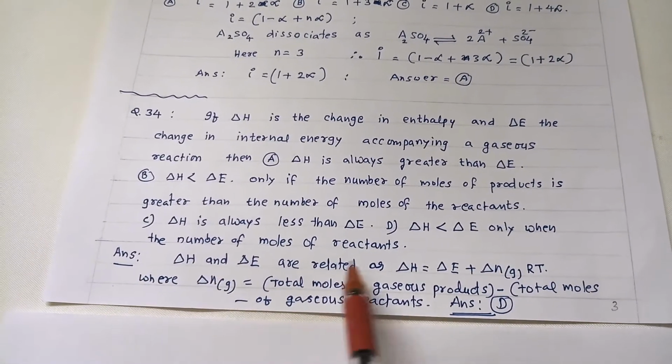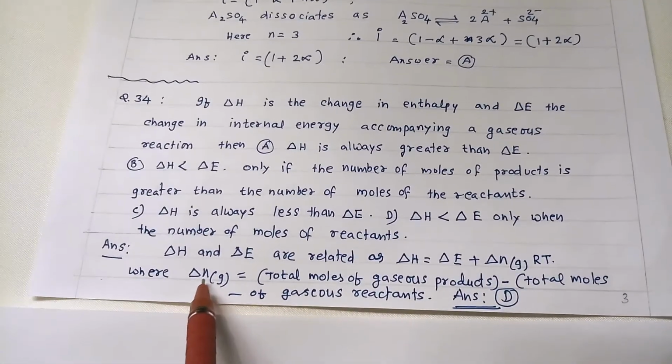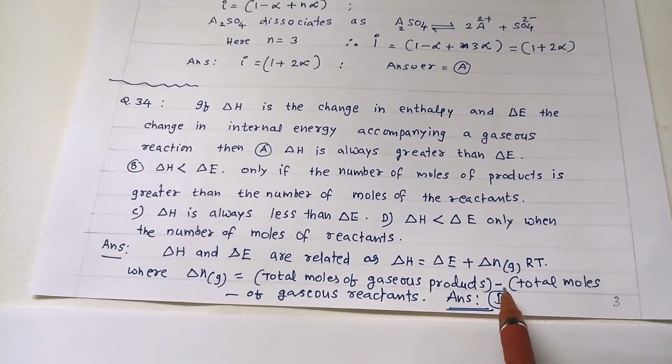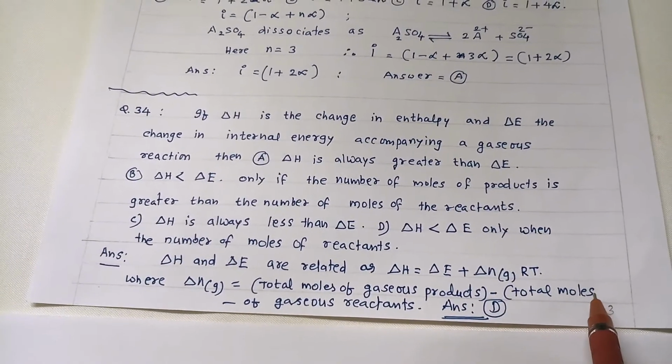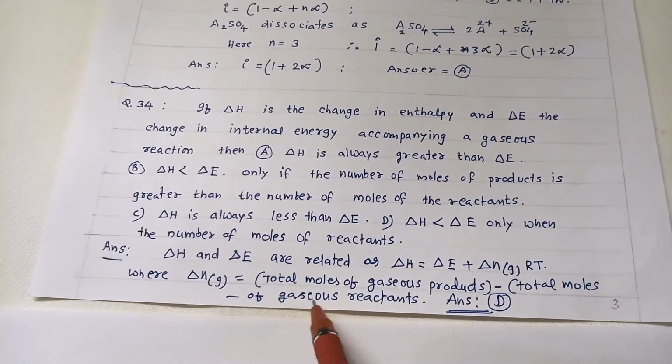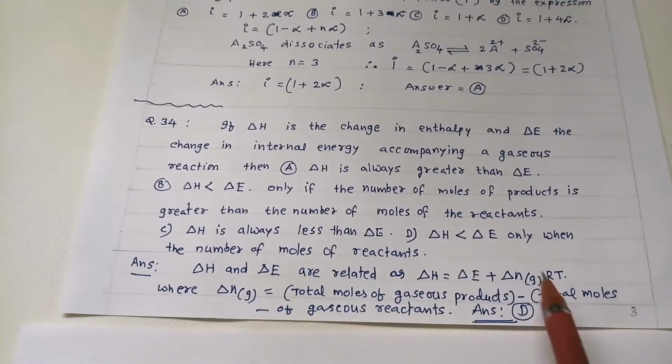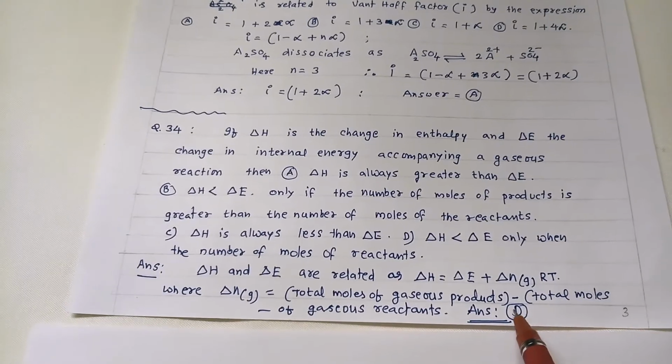So this is the formula we have to use, where delta n g is equal to total number of moles of the gaseous products minus total moles of the gaseous reactants. So this is matching to our option D. The answer is D.